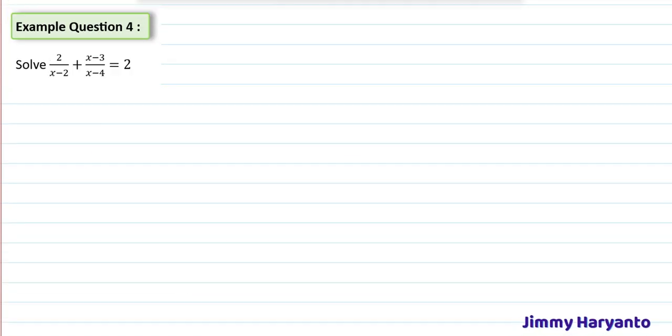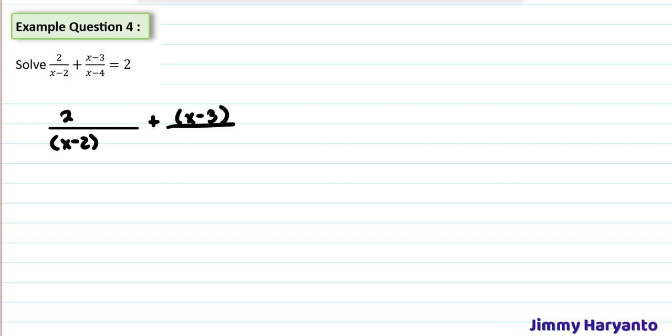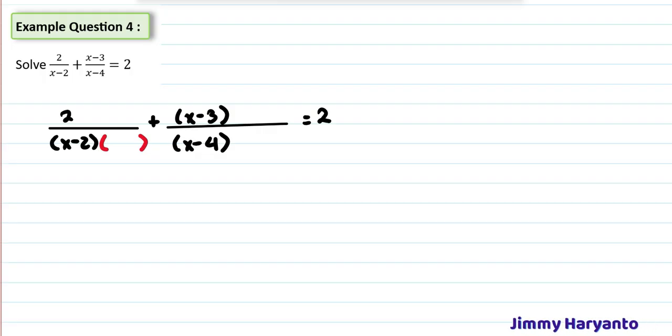Next is this one. We have addition of fractions. When we have addition of fractions, you have to make the denominator equal. Wait, let me rewrite the question. And to make the denominator equal, you have to give some space after the original denominator, because we will add the one that the fraction doesn't have.